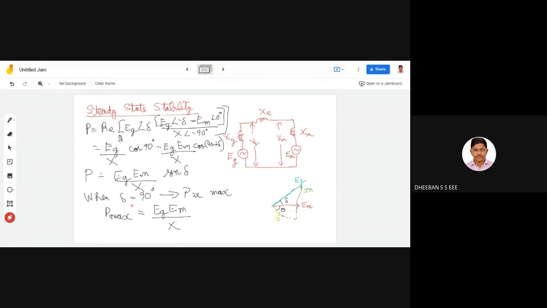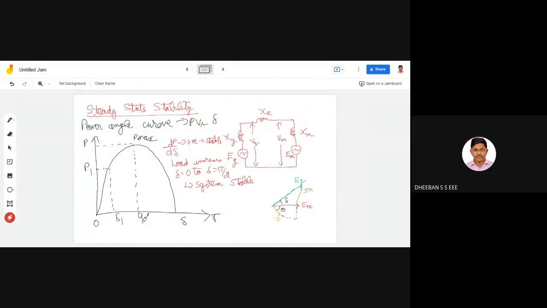So when delta, the rotor angle, is 90 degrees, your real power delivery will be maximum. It will be Eg Em by X, the maximum power delivery from your generator to your motor.